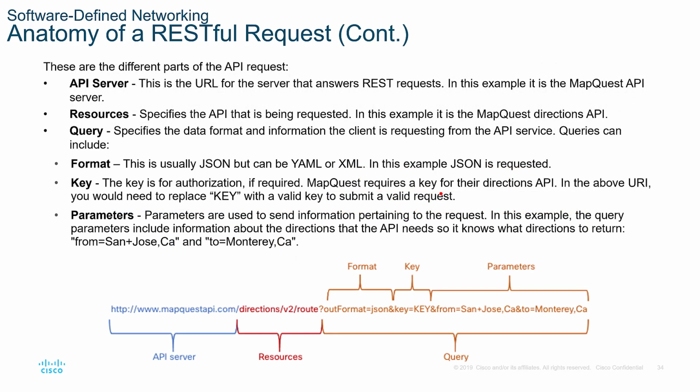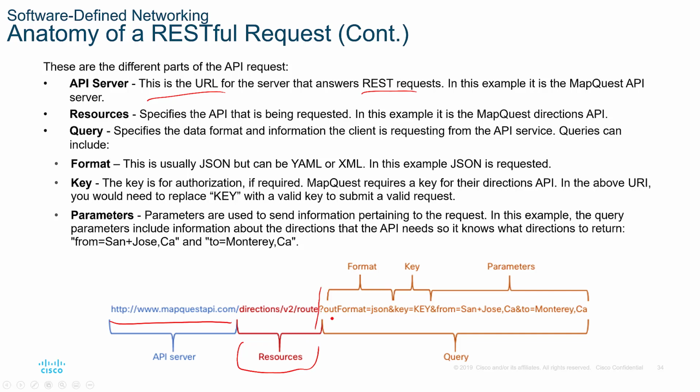So here's the anatomy of a RESTful example, a little bit more in depth. So let's look at this again. We have our API server. We have our mapquest.com. This is the URL for the service answering the requests. We have our resource directory before the question mark. We have our query, which is going to be the format.